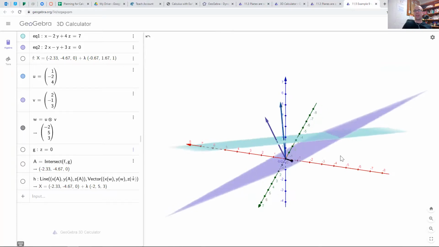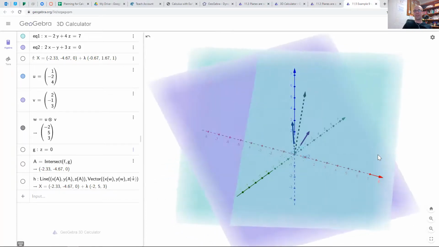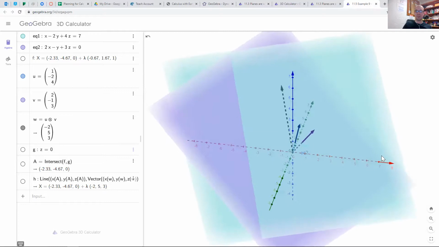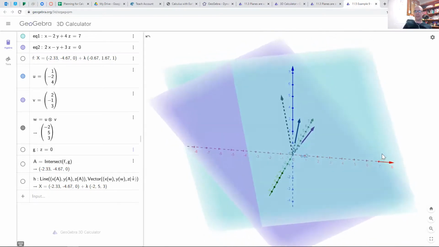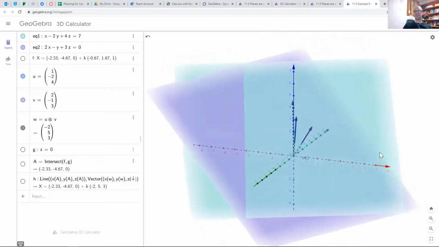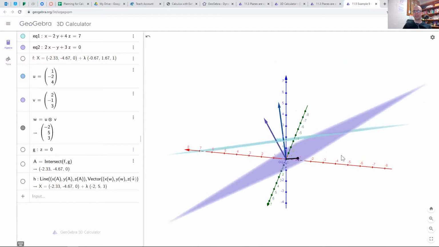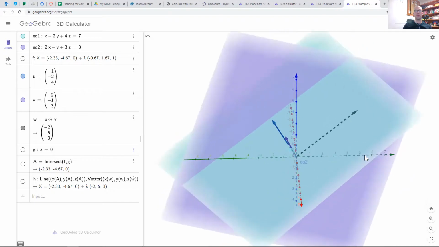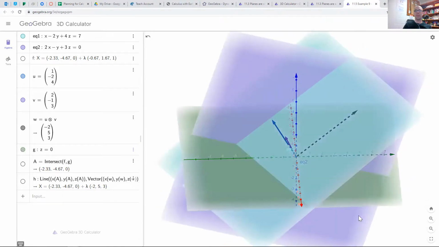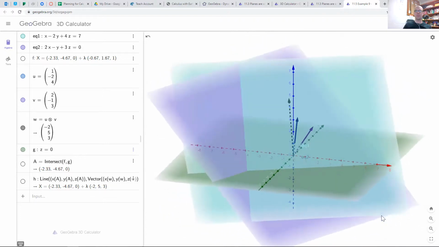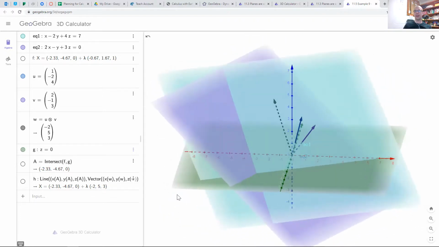And since we have a direction vector, the only thing that we would need now is a starting point. In order to solve for a single point, probably you would want to throw in another plane just so that those three planes intersect at one point. Here, I just chose the plane z equals 0, which would make the z coordinate equal to 0.